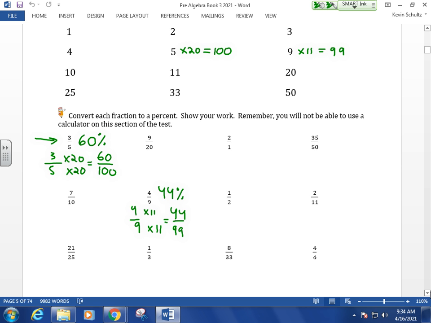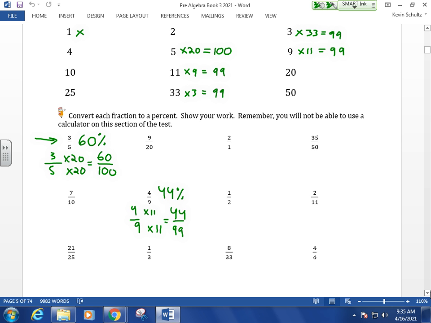The other denominators that get you close enough for our purposes, 3, you're going to multiply that by 33 to get 99. 11, you're going to multiply that by 9 to get 99. 33, you're going to multiply that by 3 to get 99. And all the rest work out perfectly.